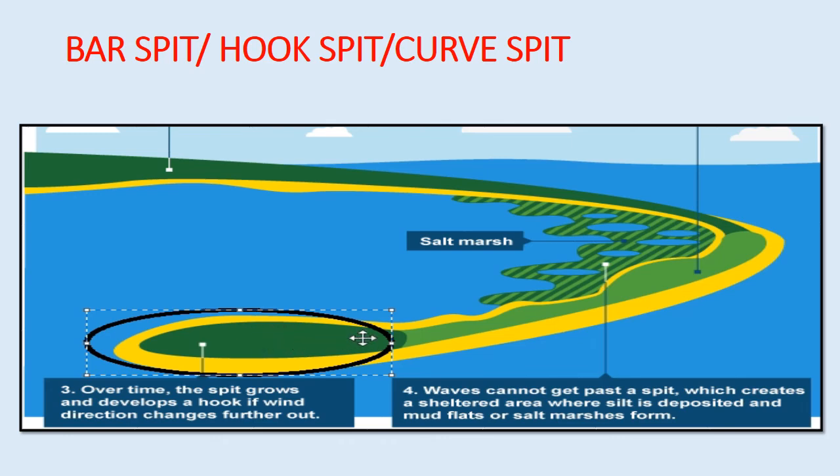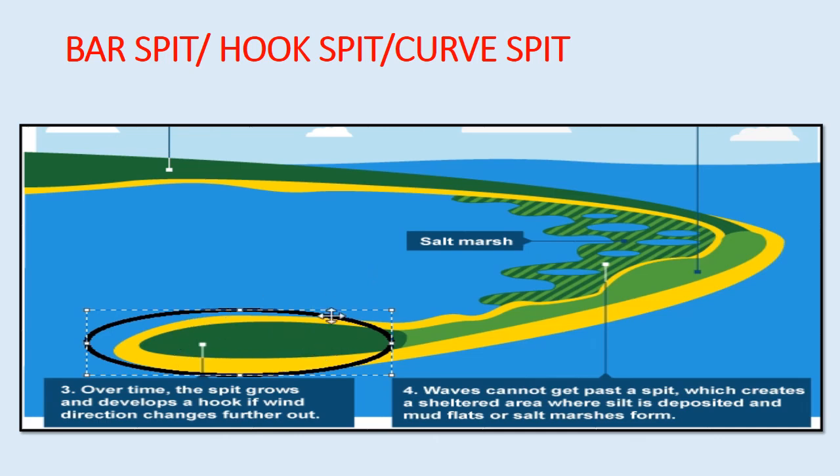One of the special characteristics of a hook spit is that hooks are stabilized when there is an equilibrium between the constructive and destructive waves. This part is more stable and in equilibrium. This is not only the result of erosion or deposition.